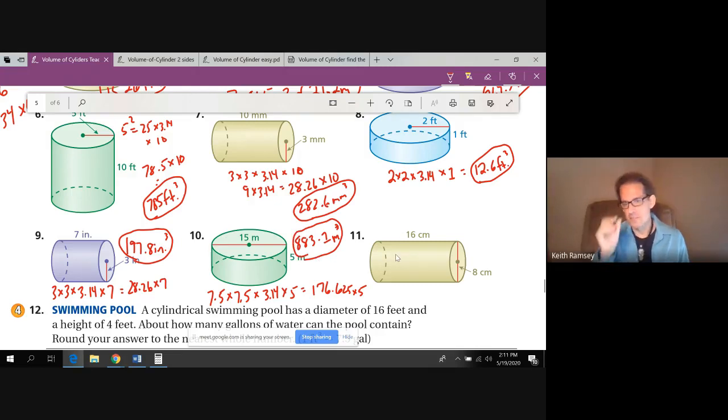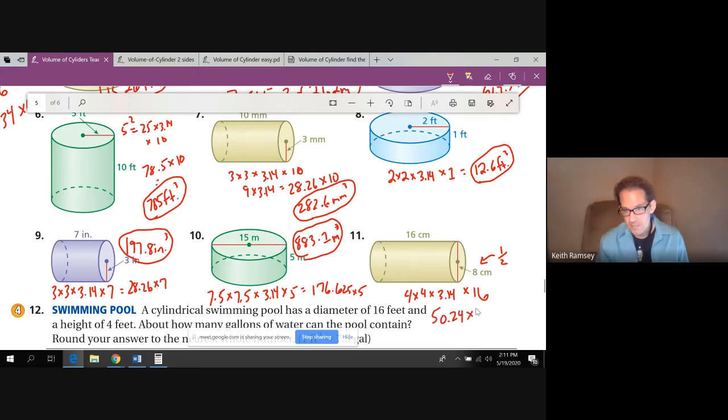Okay, in the same sense, number 11 is giving you the diameter again. You want half of that. So I would have 4 times 4 times pi times the height. So I know 4 times 4 is 16. And I know 16 times pi is going to be 50.24.